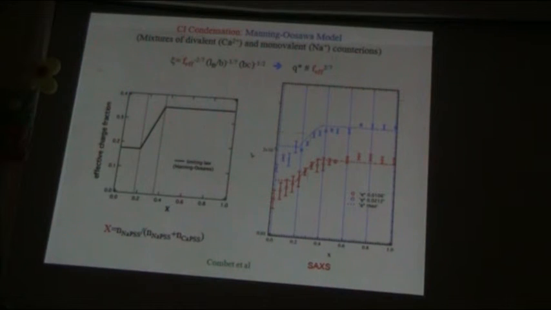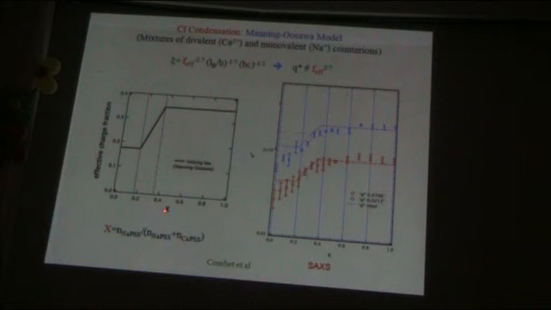Another point here: you are able to measure the effective charge by the position of this electrostatic peak. That is demonstrated here. Here we have used mixtures of monovalent and divalent counterions. That is very simple. You mix two kinds of salt form of polystyrene sulfonate, and you obtain a change in the counterions.